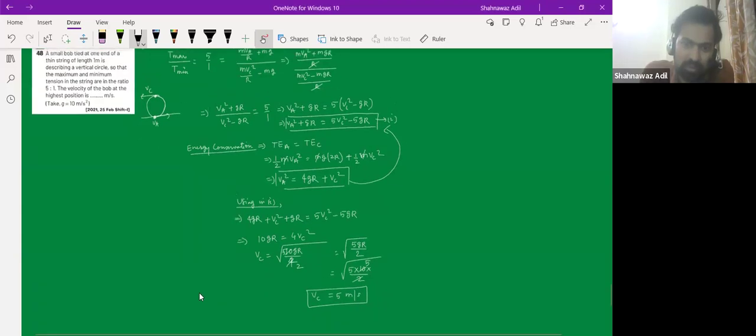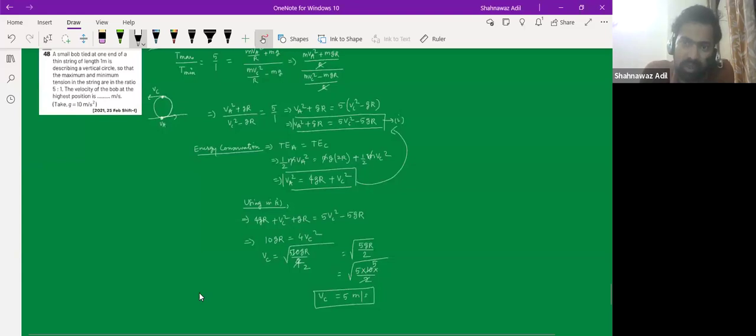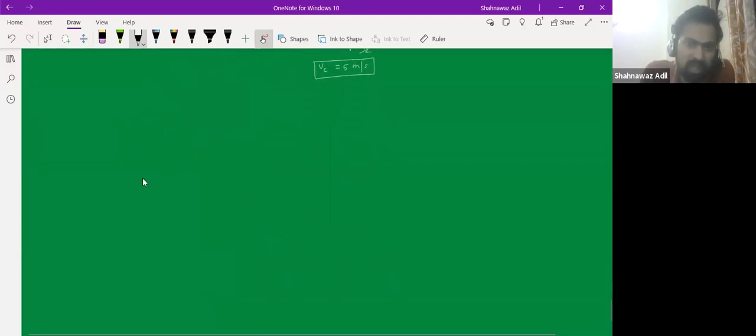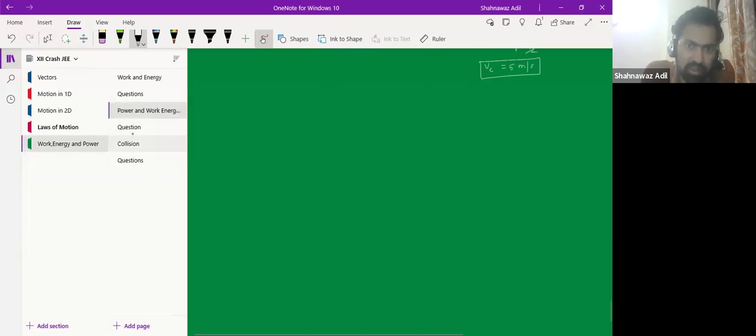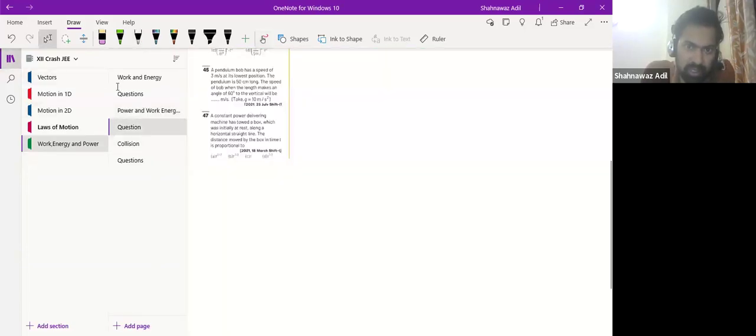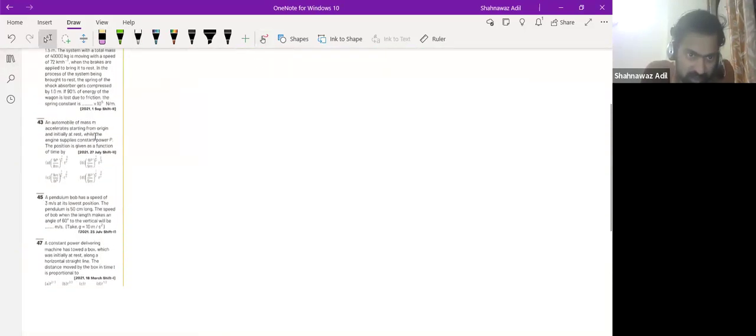So then let us do a simple one, right? But before I do that, let me just bring that very important question. So I will bring that question in here and then we will do the other ones. All these things are very simple ones. An automobile accelerates starting from origin and while the engine supplies constant power, the position is given as a function of time by.